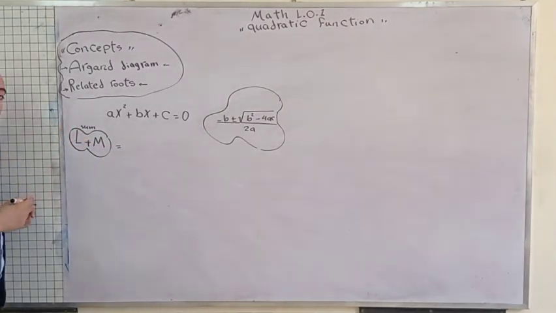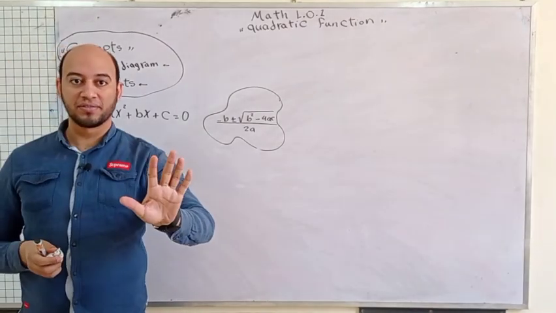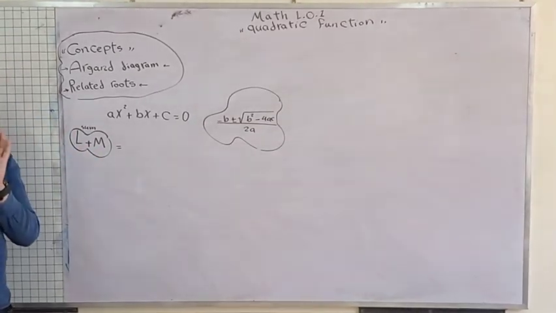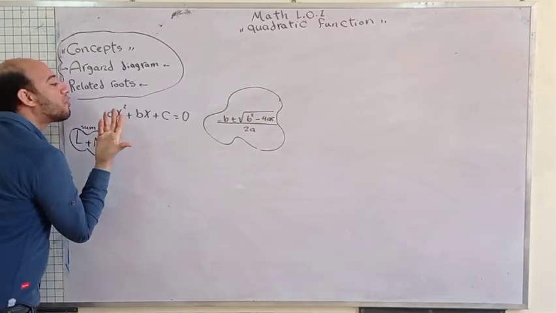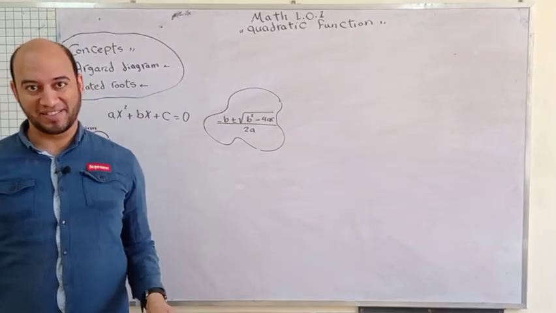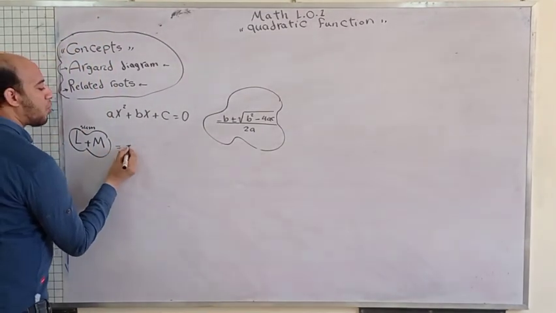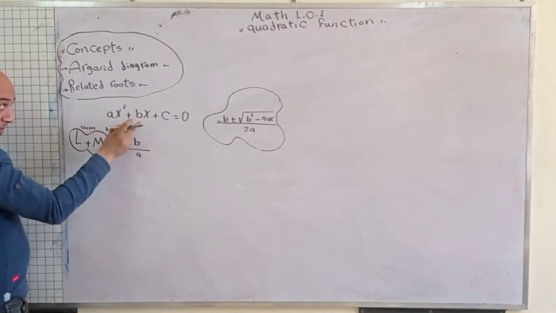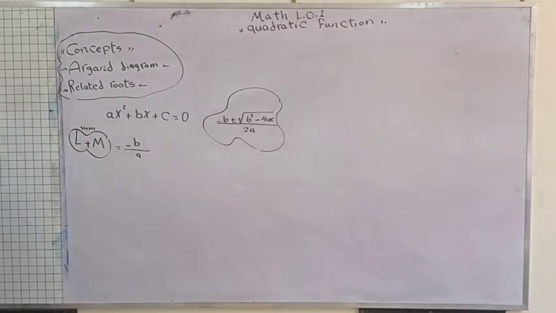You can get the sum of the two roots without getting the roots themselves. You don't know what L equals and what M equals, but you can get their sum using the coefficients of the equation without solving it. L plus M equals minus b over a.